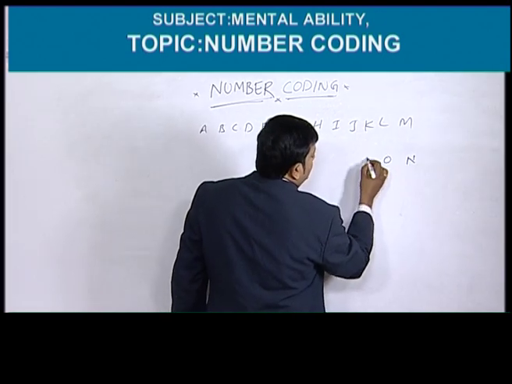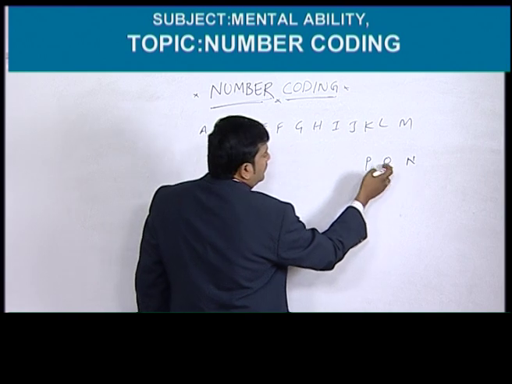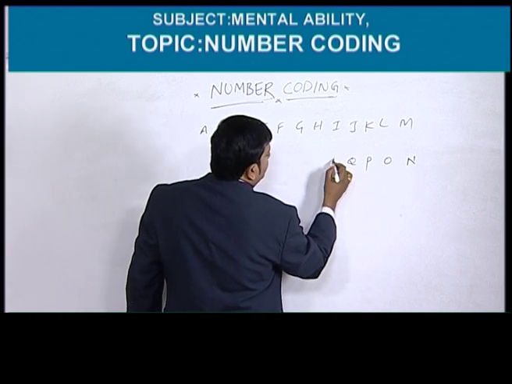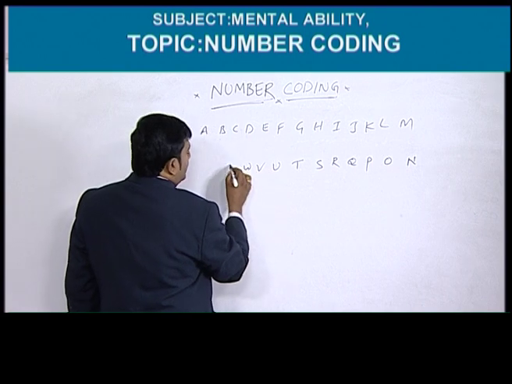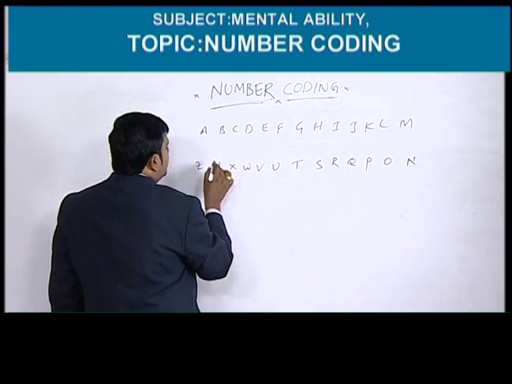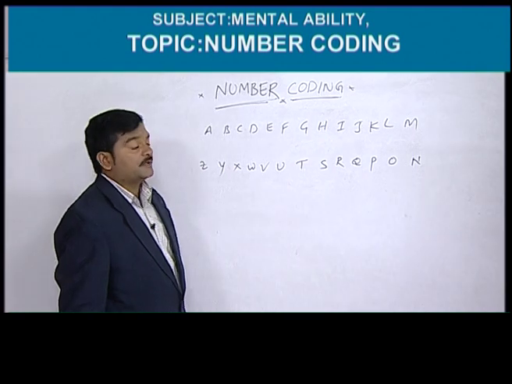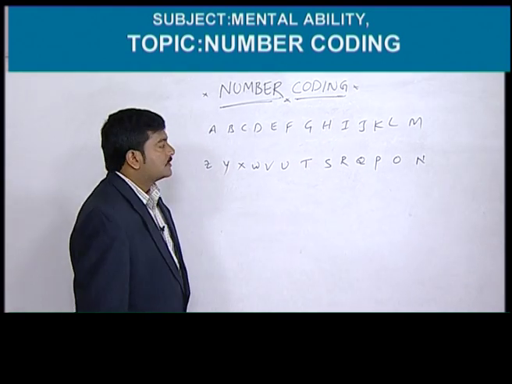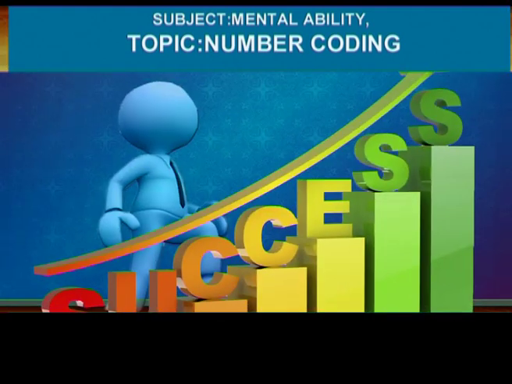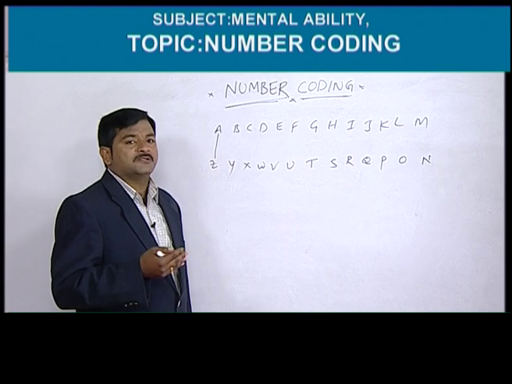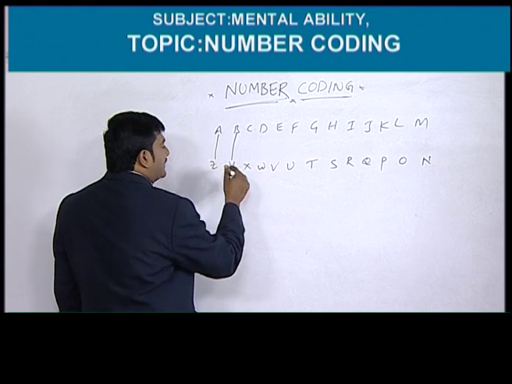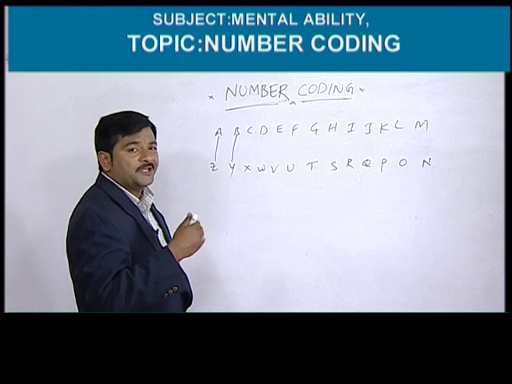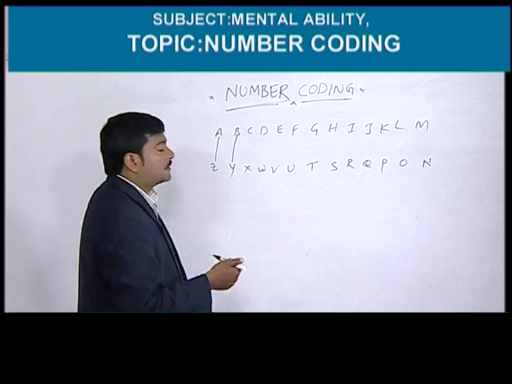We already saw in session 1: M, N, O, P, Q, R, S, T, U, V, W, X, Y, Z. Therefore, there are 26 alphabets on the board. So what is the code for Z? A. Or what is the code for A? Z. Similarly, the code for B is Y and vice versa. The code for B is Y, the code for Y is also B.